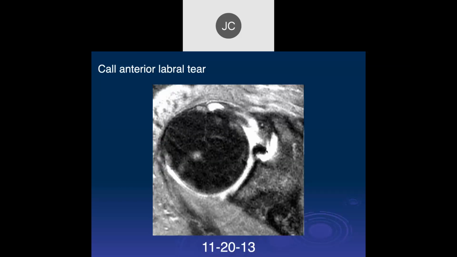And then the next cut up, we have this structure here, and this is the superior glenohumeral ligament. This balled up structure here is a combination of where the superior glenohumeral ligament, the anterior superior labrum, the middle glenohumeral ligament, and occasionally a superior insertion of the anterior band of the inferior glenohumeral ligament can all come together in one location.